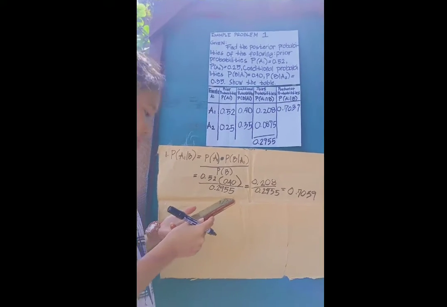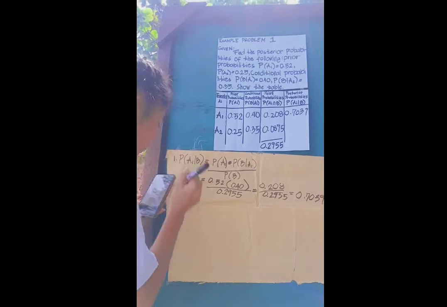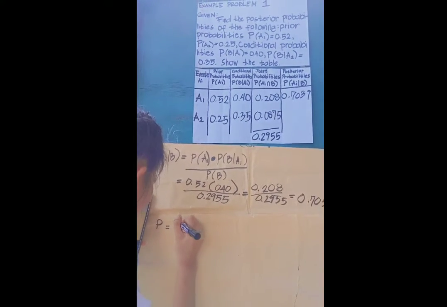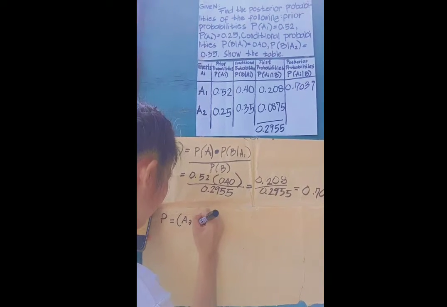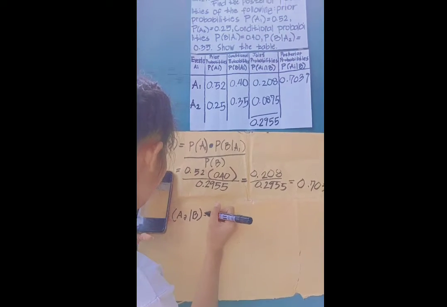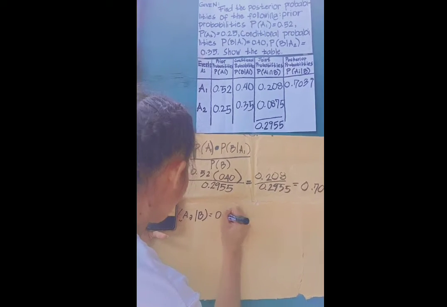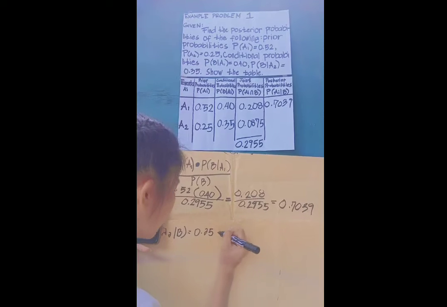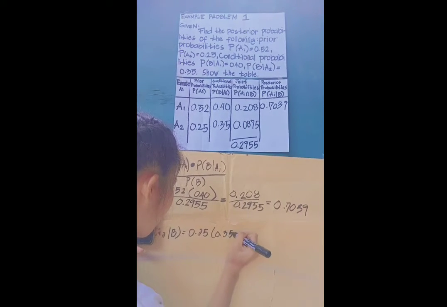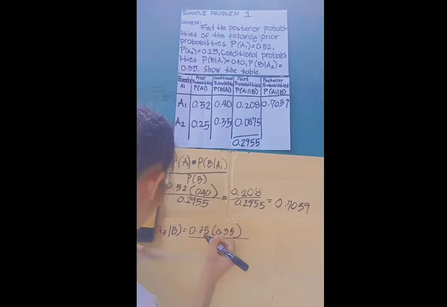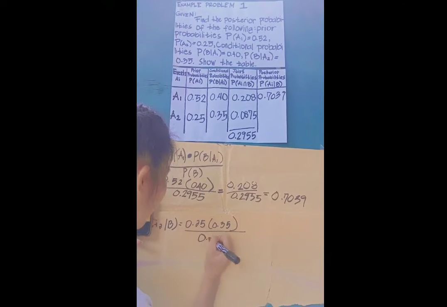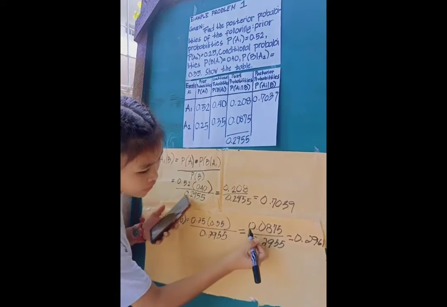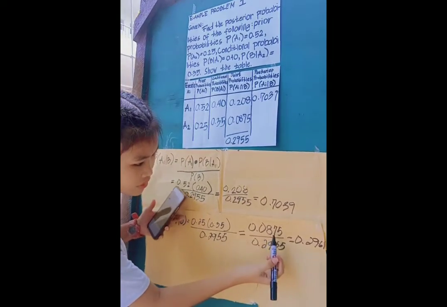And for the A sub 2, we have here the probability of A sub 2 and B is equal to the prior probability, which is 0.25, multiplied by the conditional probability, which is 0.35, and divided by 0.2955, equal to 0.0875.